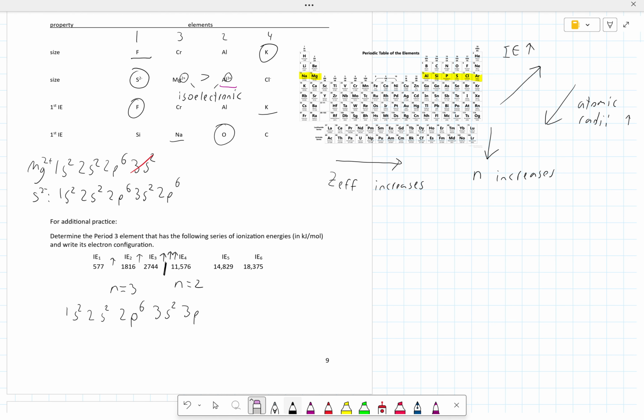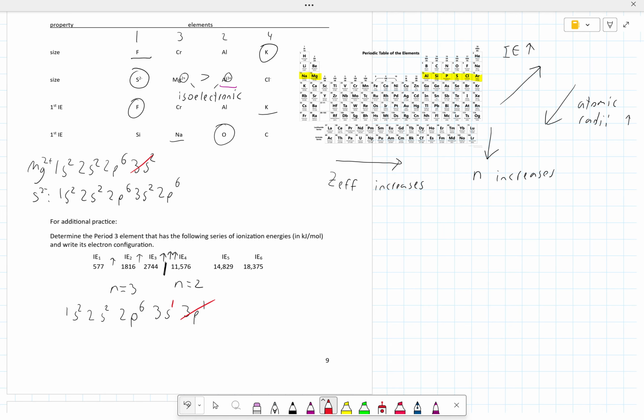But if I started, let's say, here, then my first ionization energy would be to this, and would be a good size. My second ionization energy would be going to this. My third ionization energy would be going to that. And then my fourth ionization energy would be pulling an electron away from the 2 level. So that must be the one that I'm thinking of.